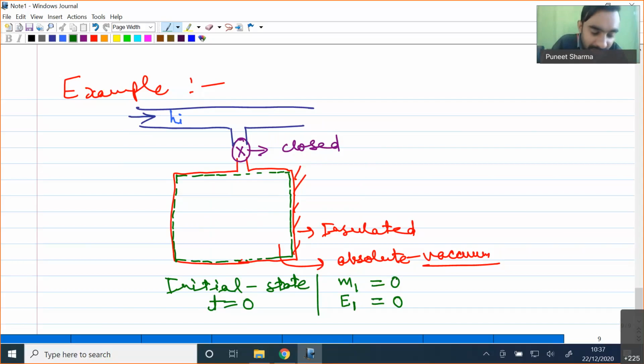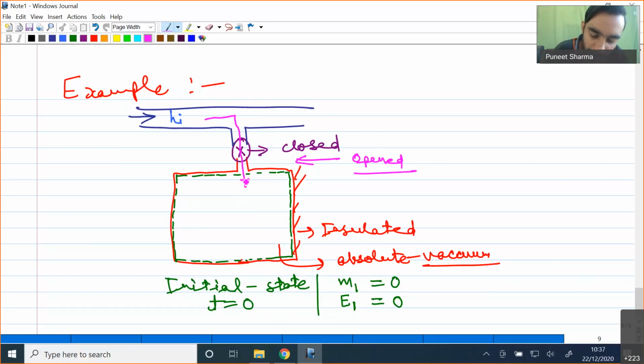Now, after that we have opened this valve. So now the valve is opened. Once we have opened the valve, what will be happening? The fluid from here will flow into the tank.